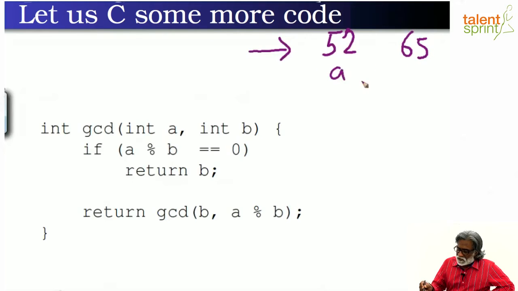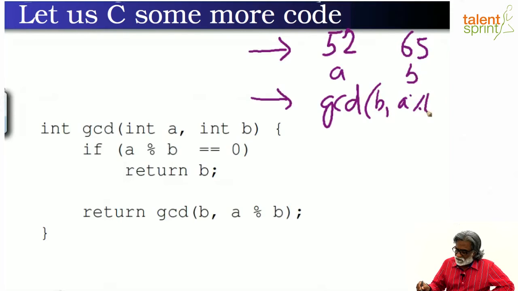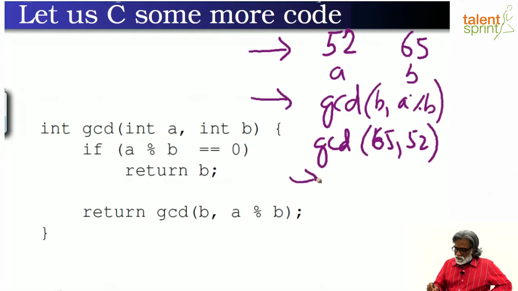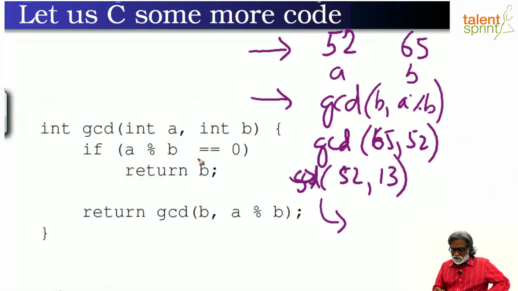If I give this as A and this as B, then the next invocation will be GCD of B, comma, A percentage B. This would give you GCD of 65, comma 52, which will give me GCD of 52, comma, when you divide 65 by 52, the remainder is 13. A percentage B is not 0, so then, now we have the A percentage B zero case, so the answer will return 13.